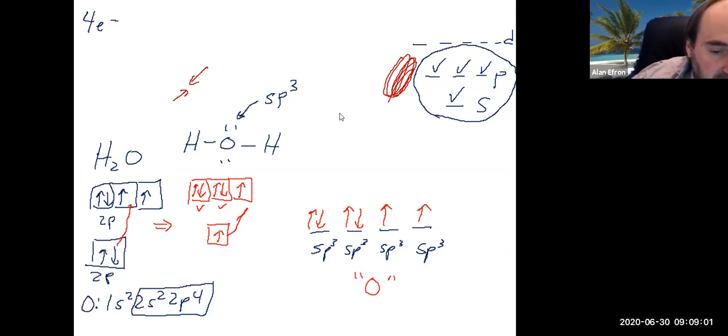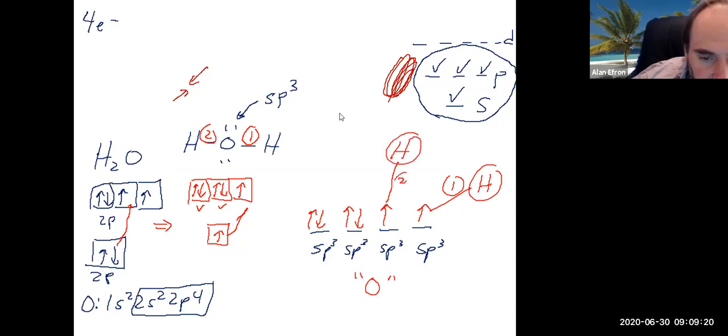And we can now sort of visualize perhaps where all our bonds are coming from. If we call this oxygen-hydrogen bond number 1, for example, it can make a bond right here with our hydrogen. If we call this oxygen-hydrogen bond number 2, this guy here in this orbital can make a bond.